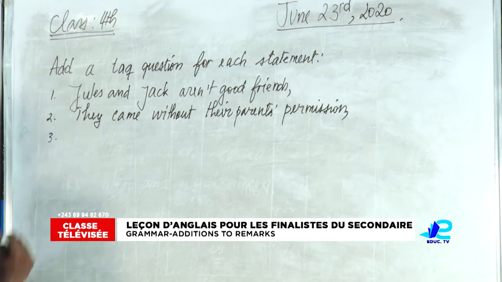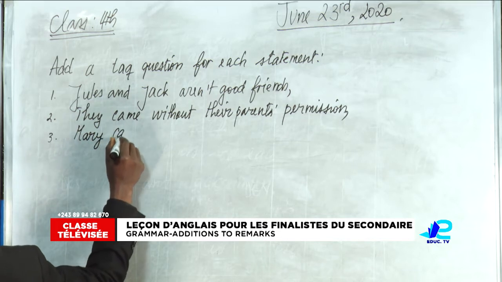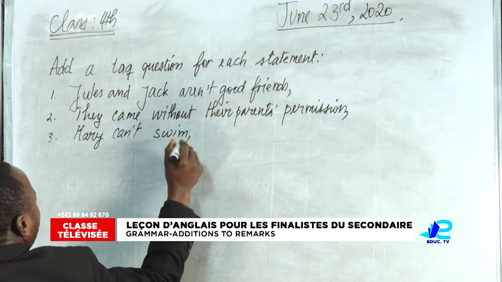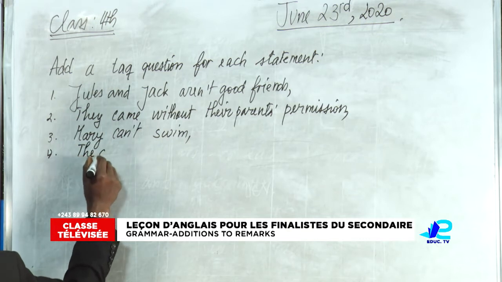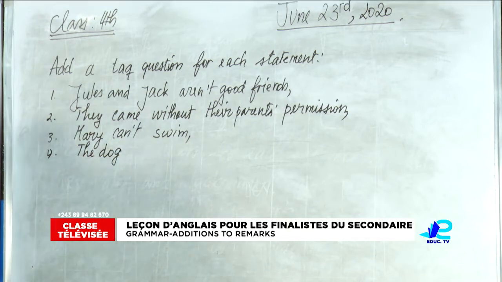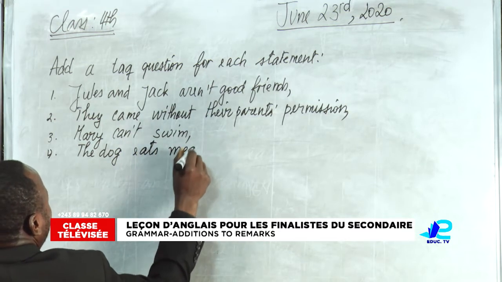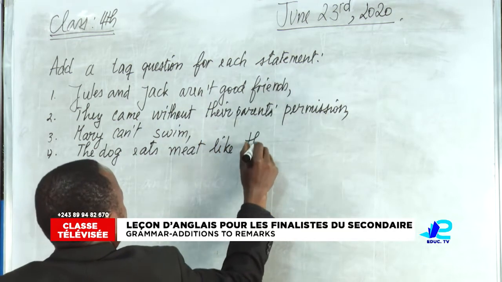The third example: Mary can't swim. Mary can't swim. The fourth sentence: the dog eats meat like the lion.